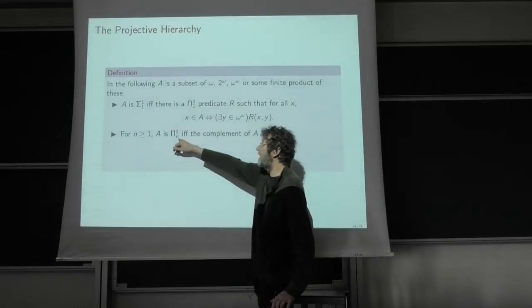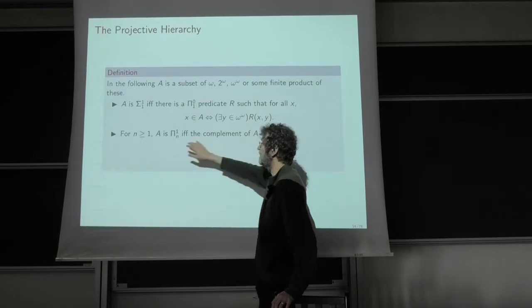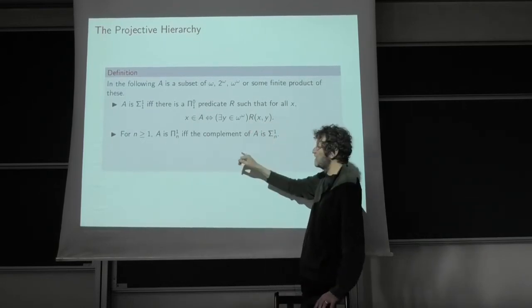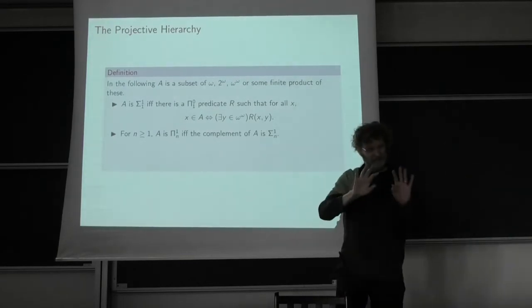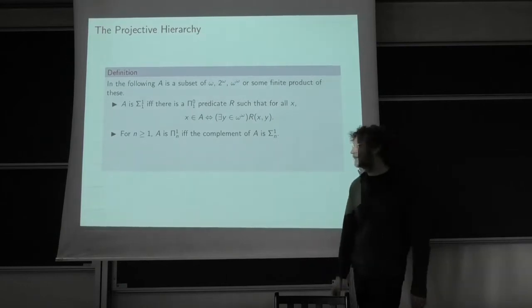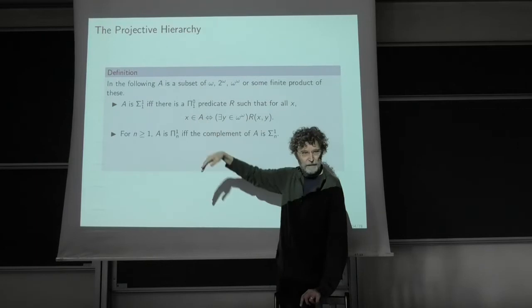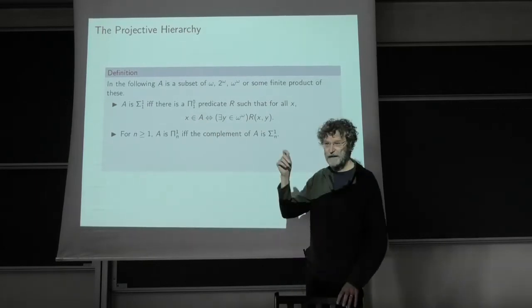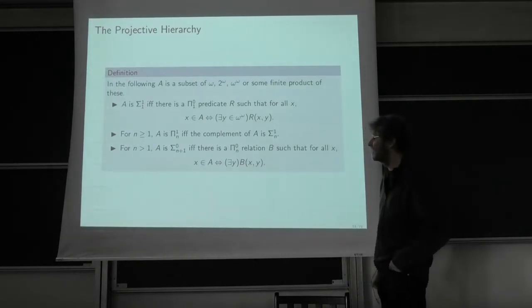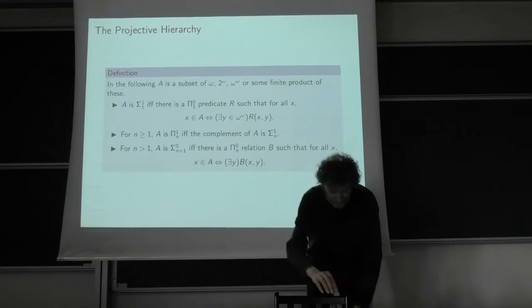Pi 1, 1 is the complement of something that's sigma 1, 1, so pi 1, 1 is the complement of an effectively presented analytic set. Okay? And we generate the hierarchy by adding quantifiers over Baire. Okay. Sigma n plus, oops, sorry, this should be a 1. I can fix that.